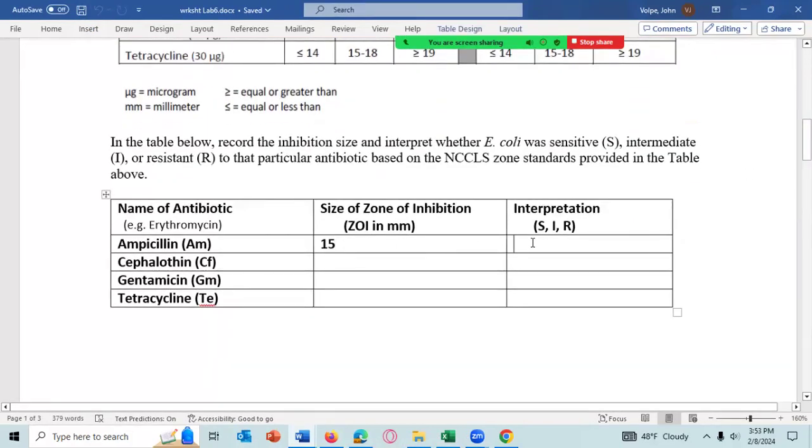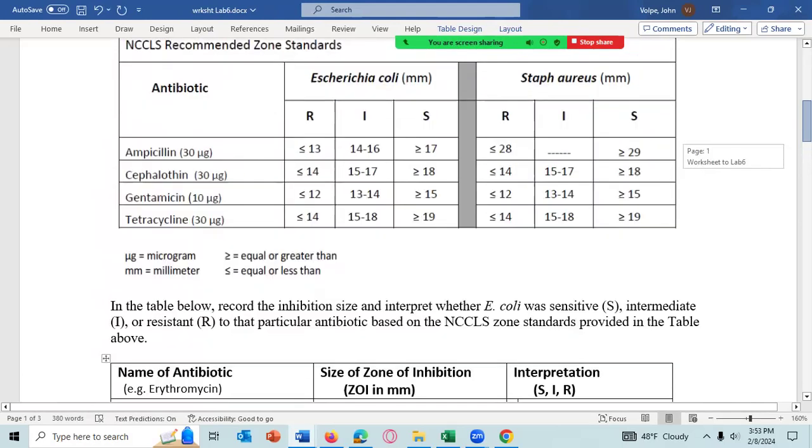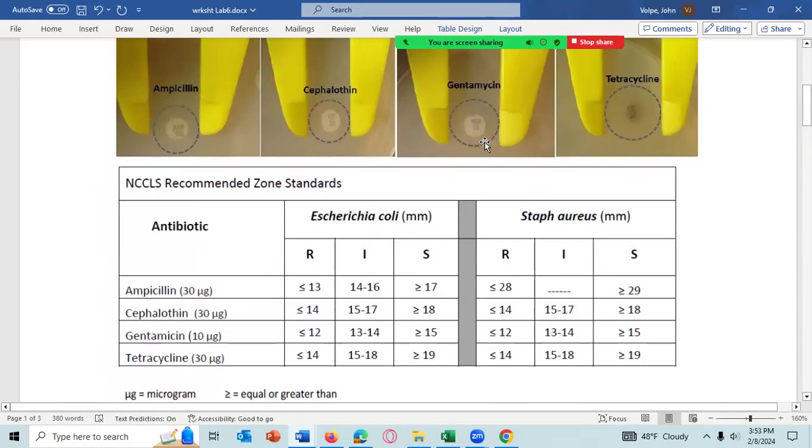And like I said, you can mark that with an I. Do that for the others. Cephalothin, I have trouble saying that. Cefotaxime, right here. Gentamicin and tetracycline. Remember to use the E. coli table because this bacteria here is E. coli.